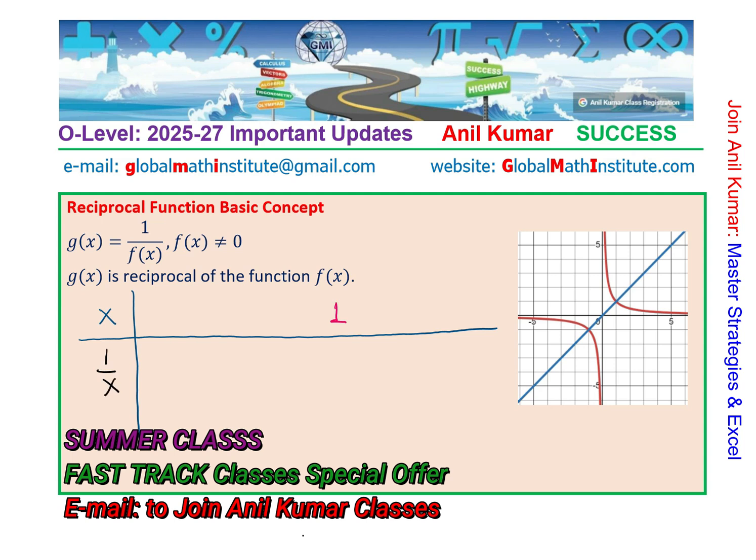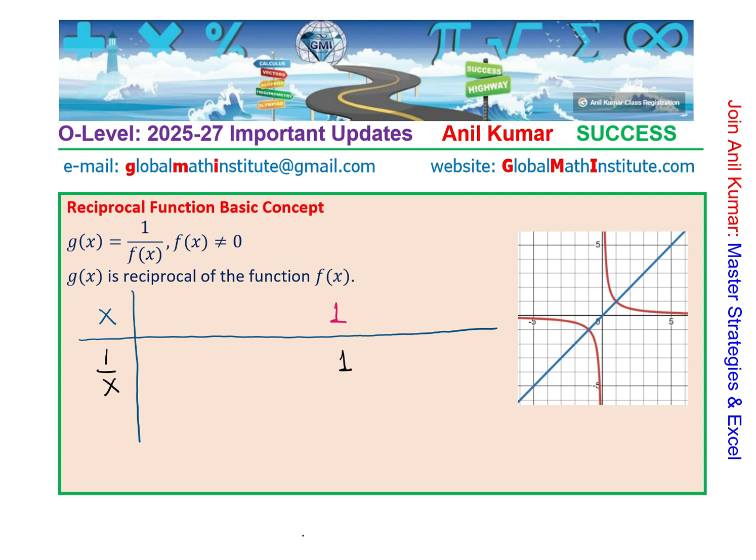Well, the reciprocal of 1, as you know, is 1 itself. So it is the same number, right? So as you can see in this graph, we have a point right there, correct? So this point on the reciprocal function, which is shown in red, this is the graph of x, right? And that red graph is y equals 1 over x. So we see we have exactly the same point and the coordinates are 1, 1, correct?